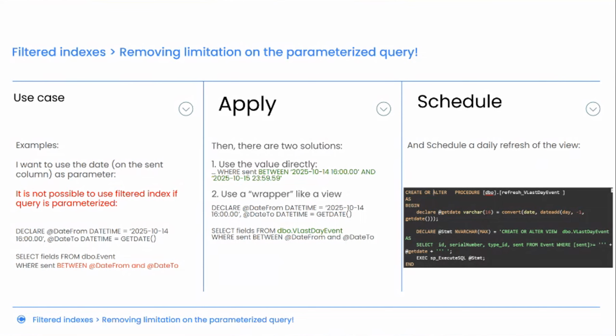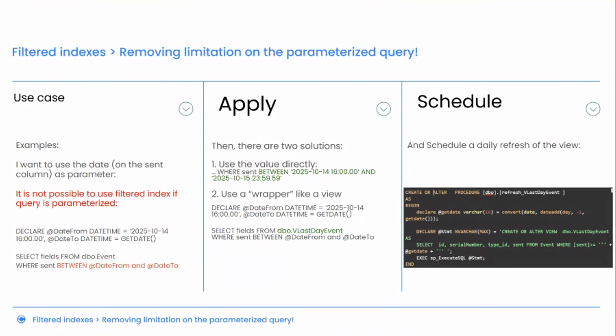So a solution to do that is to use a view that wraps around the filter index. What you can see in the code on the right side is how to refresh this specific view. You can create or alter the view with a dynamic query again that would put the same get date that you were putting on the index, and create or alter the view on a daily basis as well.